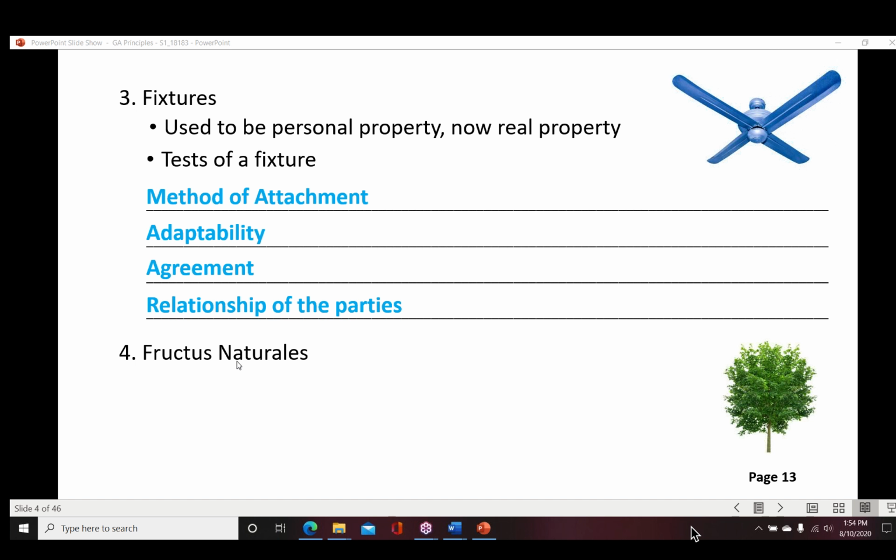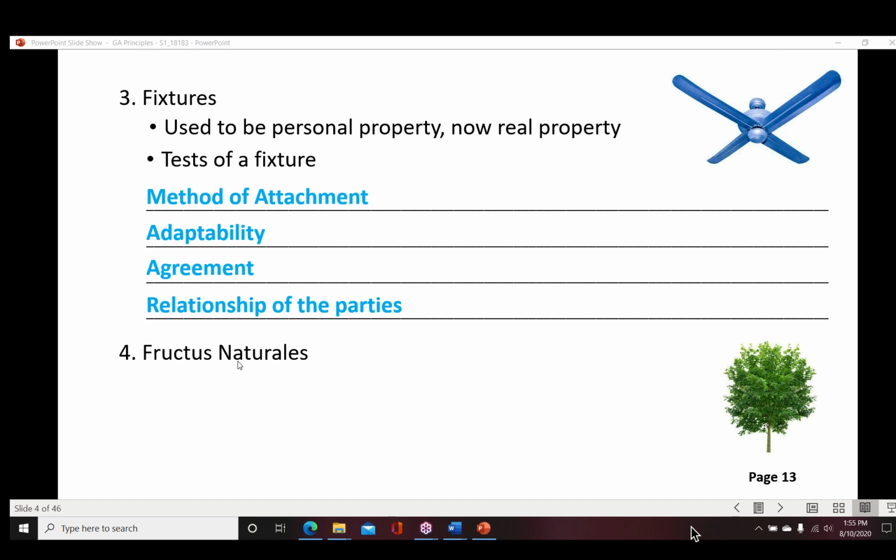So fructus naturalis are types of appurtenances. They are types of real property. They're part of real property, meaning that they are appurtenances, and they stay with the property. Now, I did say a few minutes ago that I take my sellers outside, and I walk outside with them, and I say, "Do you have anything out here that you planted that you want to take with you?"